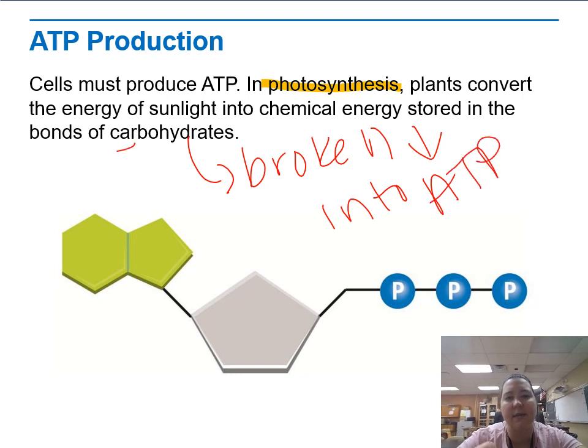So the carbohydrate is like that $50 bill. We can't spend that $50 bill at a vending machine, that's really the best example. So we're going to take that $50 bill and divide it up into smaller bills to make it ATP so we can actually use it.